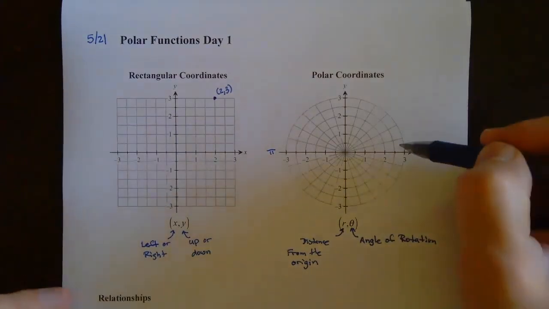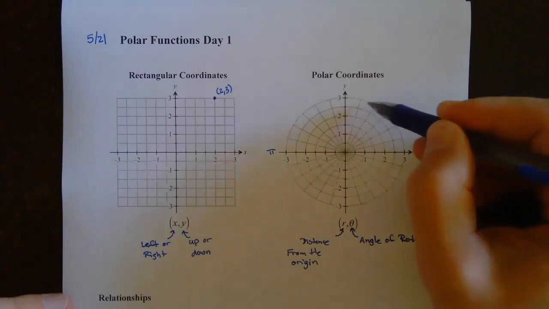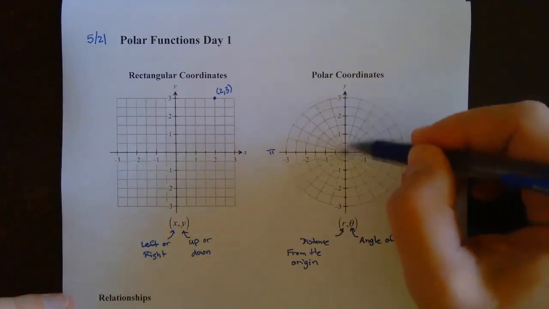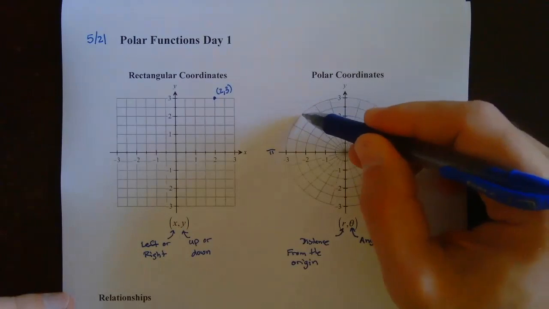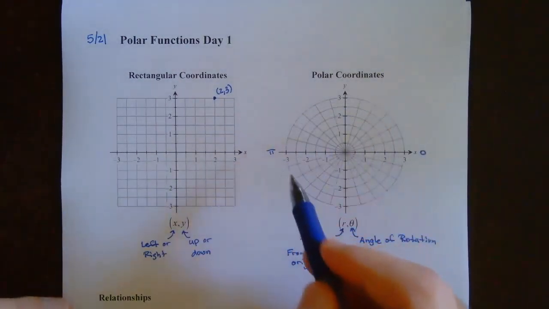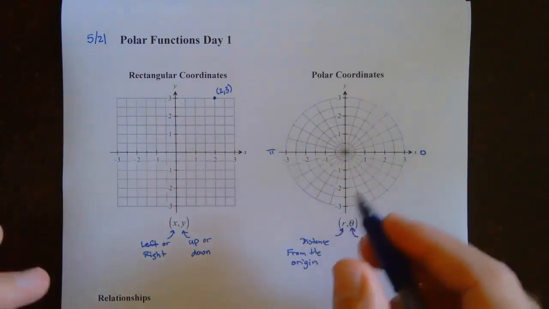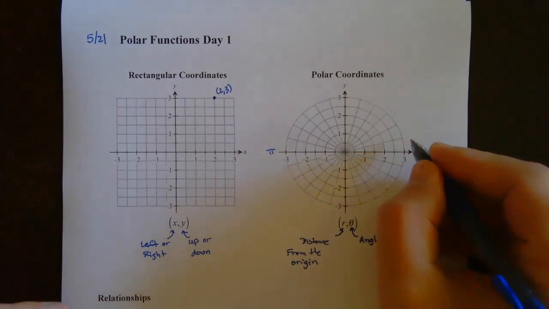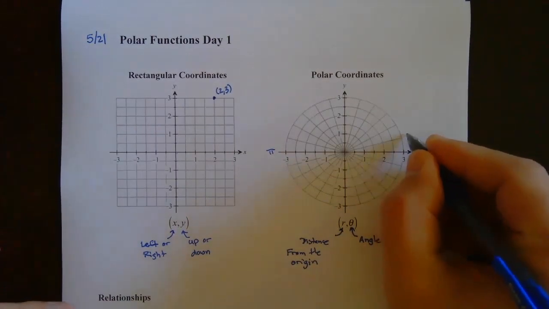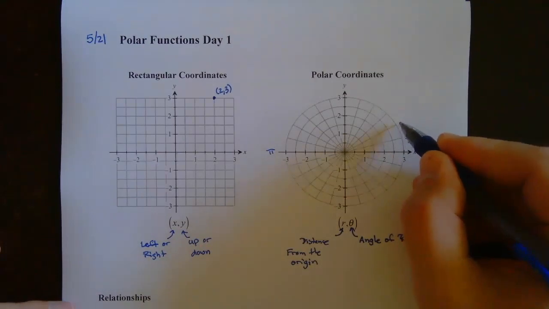If you count these radii coming out, 1, 2, 3, 4, 5, 6, because this is one of them right here, 7, 8, 9, 10, 11, 12. From 0 to pi is broken into 12 equal pieces, so each one would have to be pi over 12. So this would be pi over 12. This would be 2 pi over 12, but that can be reduced.